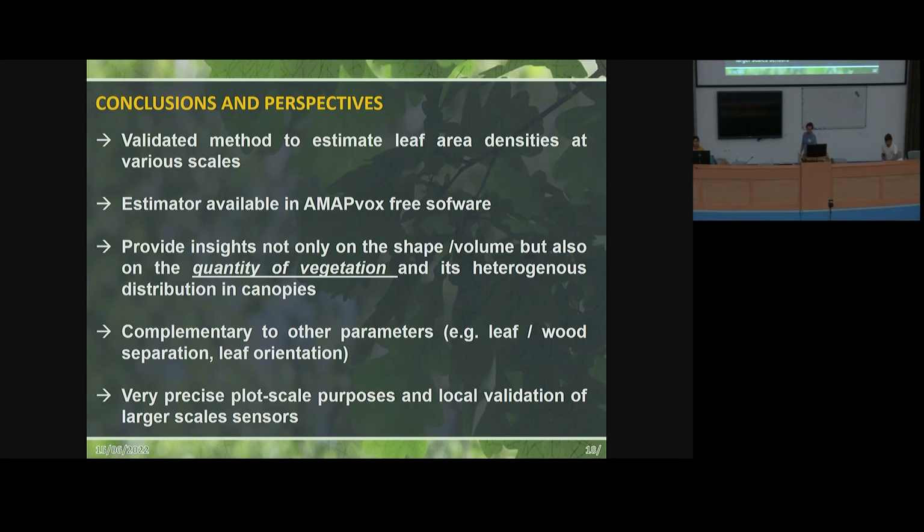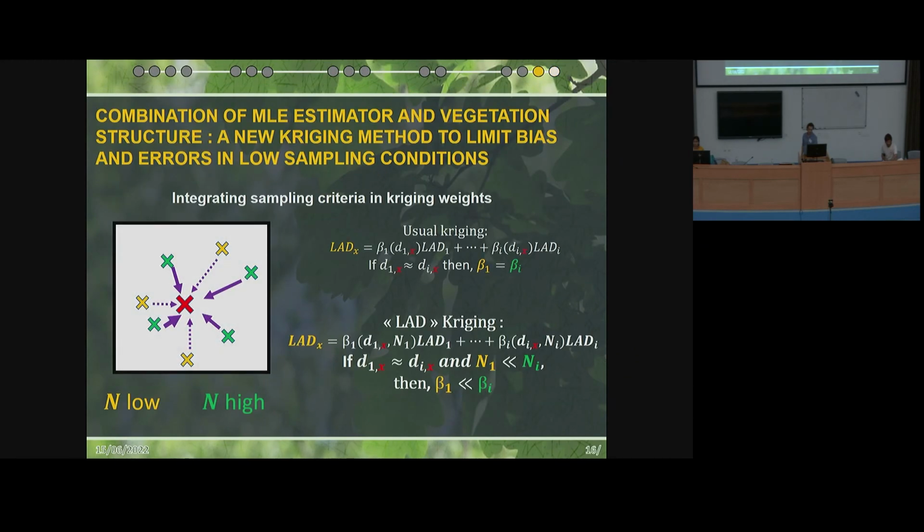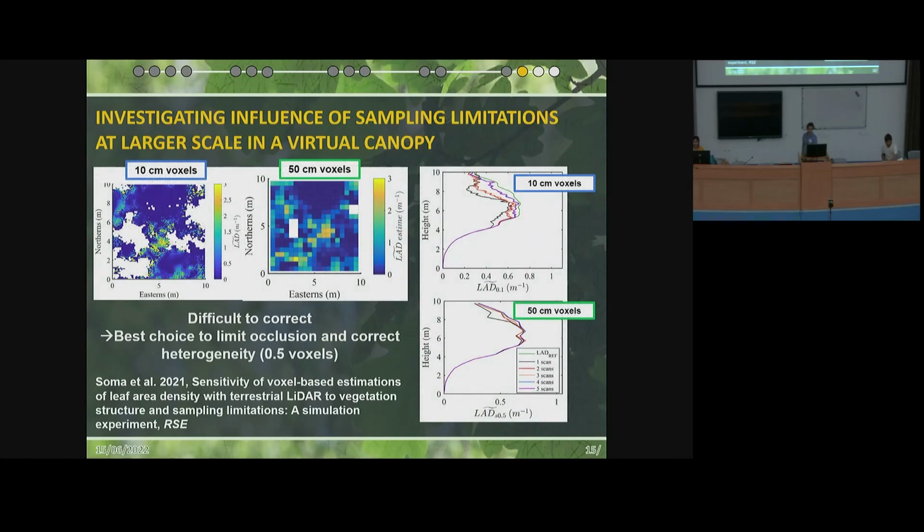There were 5 scans for 20 by 20 meters, 10 by 10, and it is a single echo. It's a Faro type simulation, but still there was occlusion even with the 5 scans. Here you can see in green the references, and here in violet the 5 scan design, and still you can have occlusion.